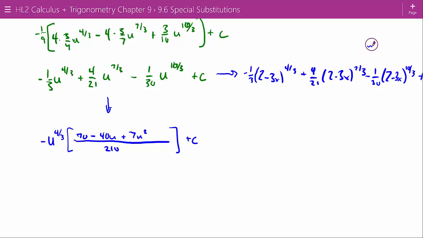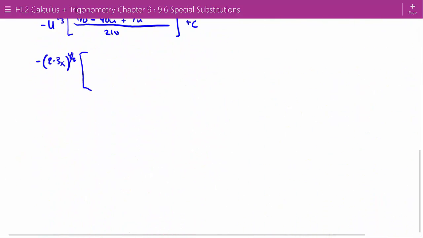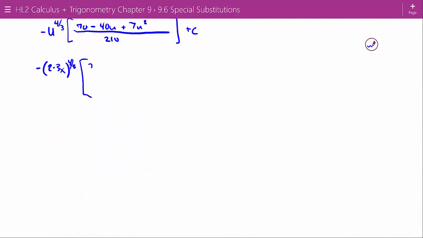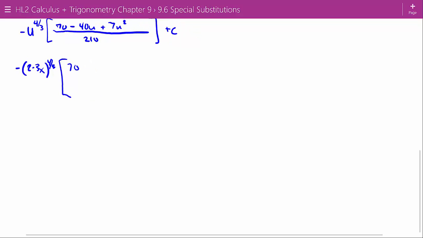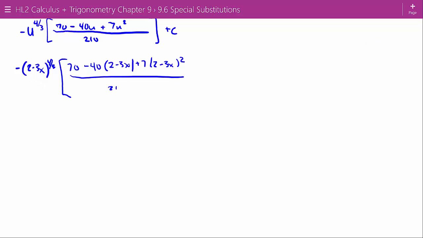And now, I'm going to substitute for u. So I've got the opposite of (2 minus 3x) to the 4/3 times (70 minus 40 times (2 minus 3x) plus 7 times (2 minus 3x) squared), and this is all over 210.